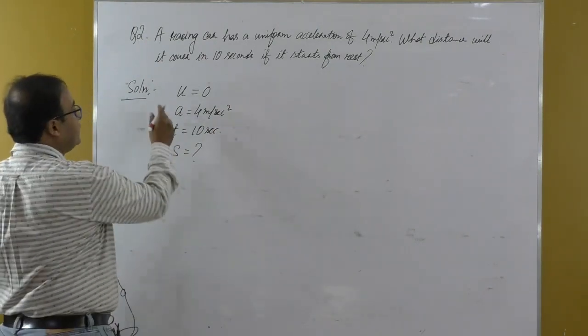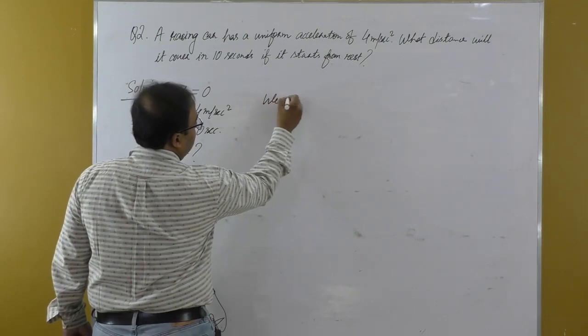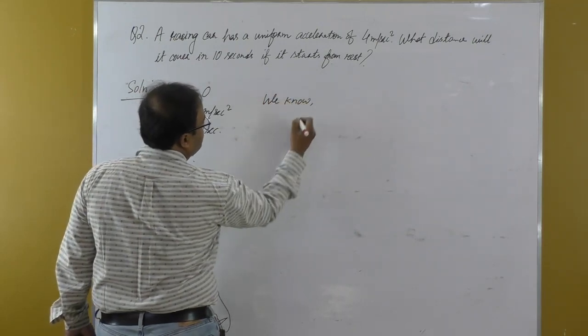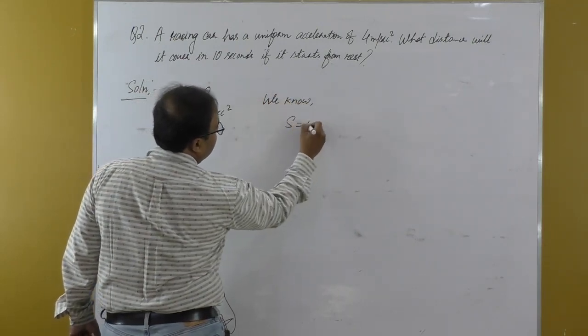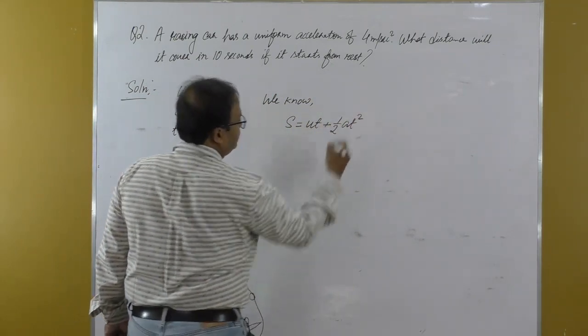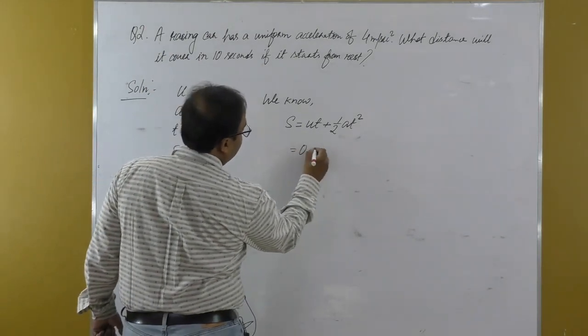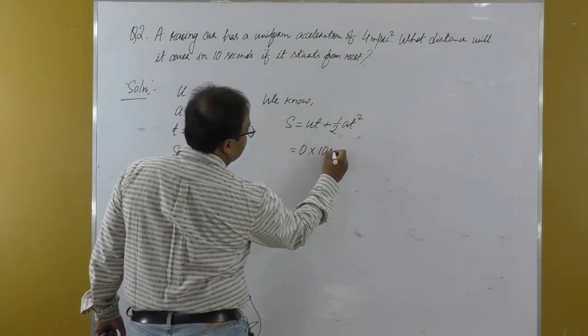The perfect equation to solve this particular numerical, you have to find out distance or displacement, is s equals ut plus half at square. u का value is 0, time is 10 seconds.